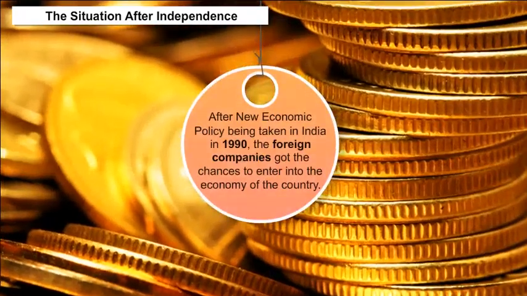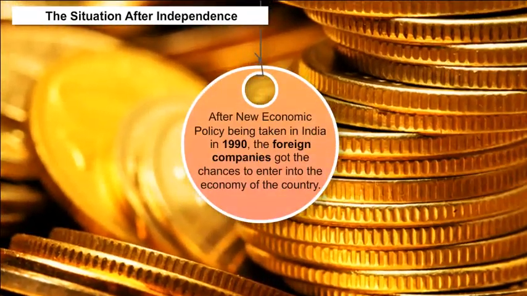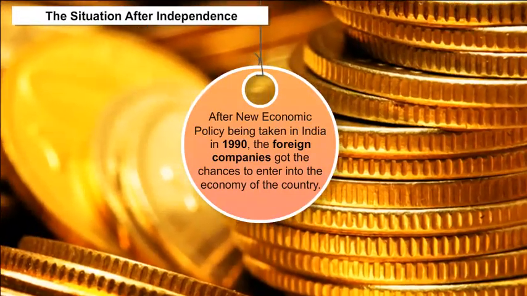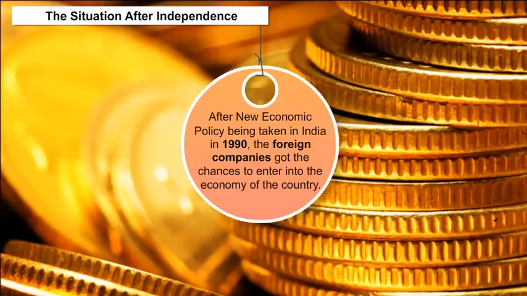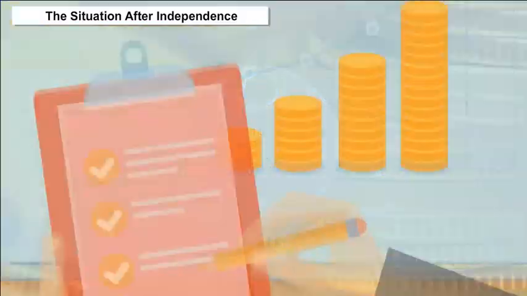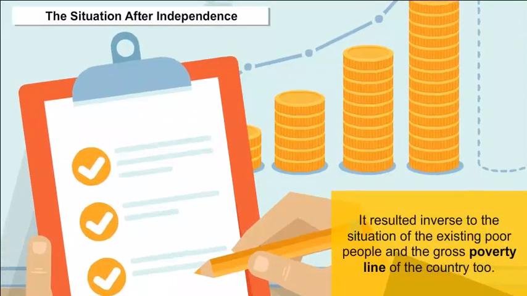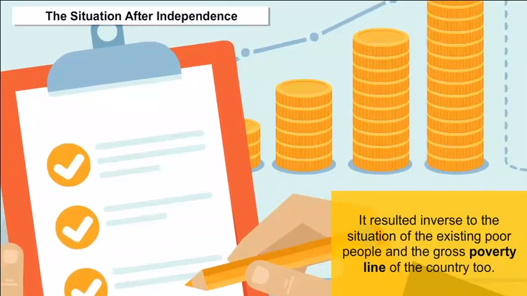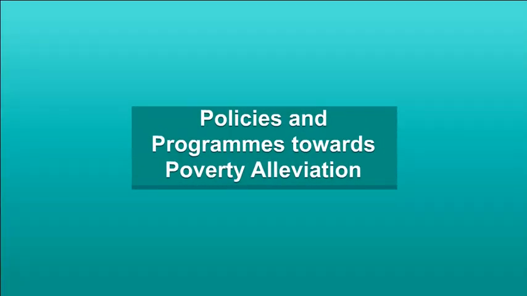After the new economic policy was adopted in India in 1990, foreign companies got the chance to enter the economy of the country. It worsened the situation of the existing poor people and the gross poverty line of the country too. Policies and programs towards poverty alleviation.